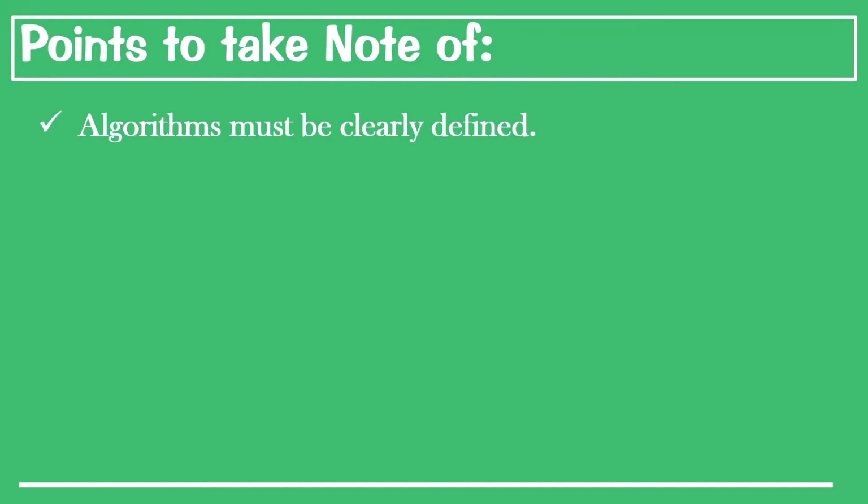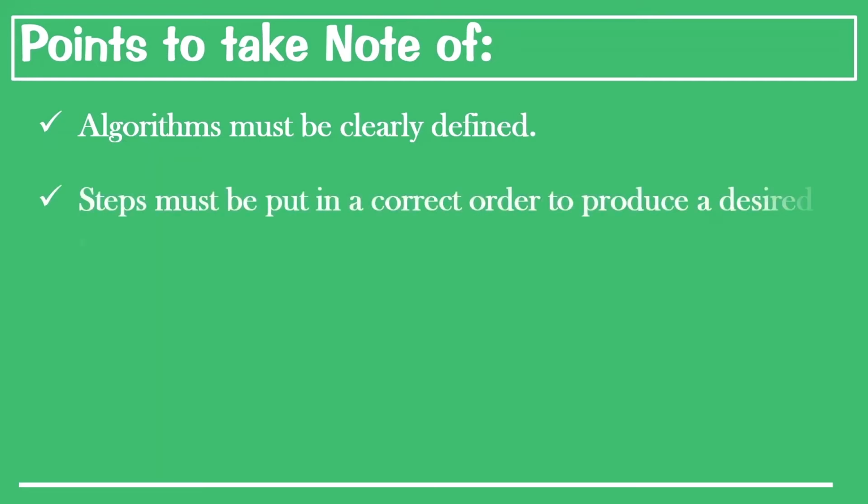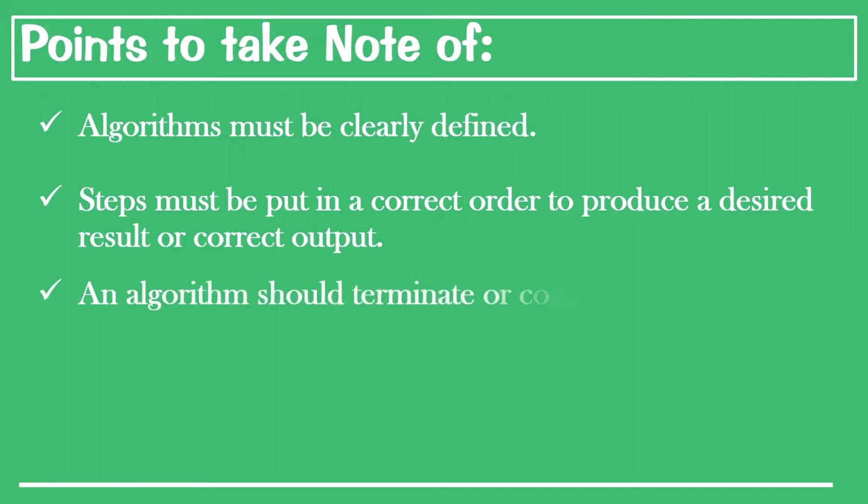The second point to take note of, the steps to solve the problem must be put in a correct order for it to produce a desired result or a correct outcome. And lastly, an algorithm should terminate or come to an end.